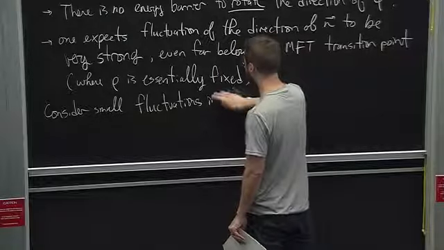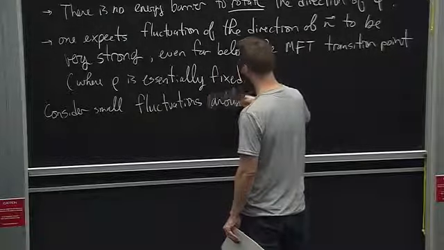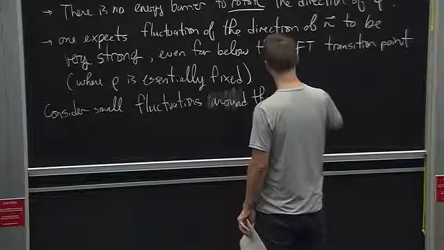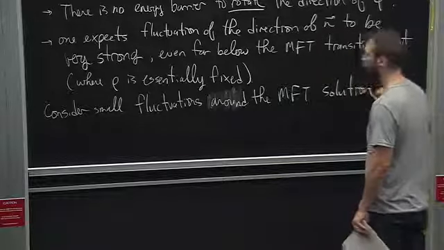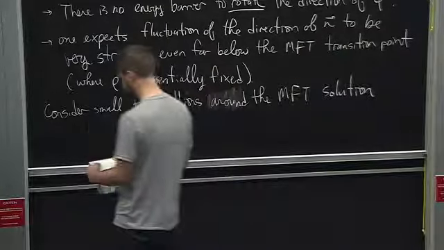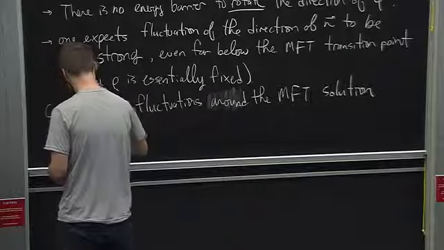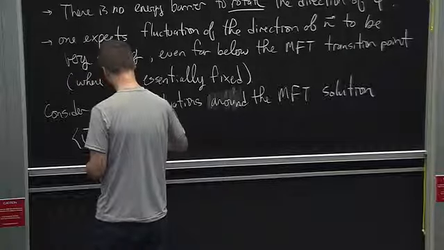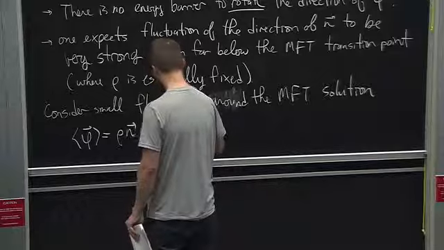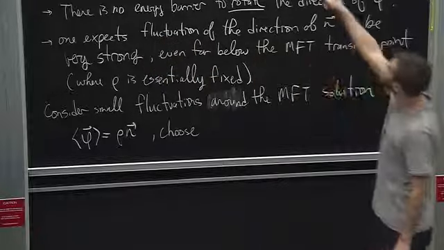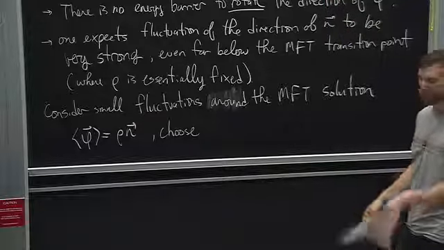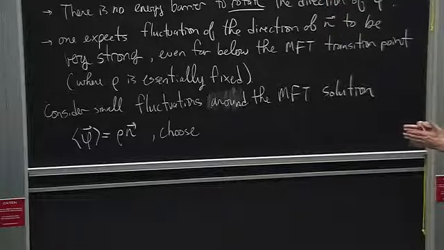So write the magnitude of the order parameter, choosing a direction for the mean field solution that we're going to look at fluctuations around.